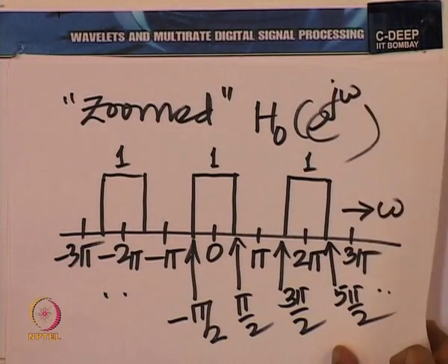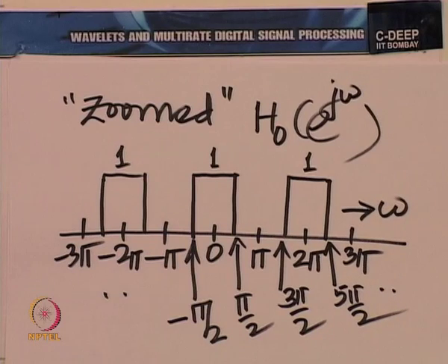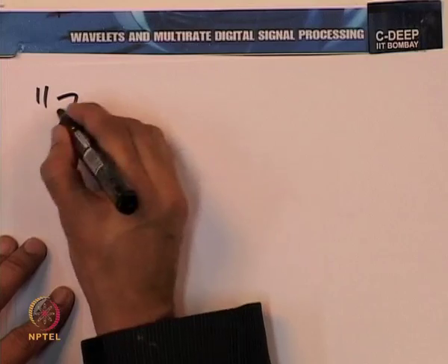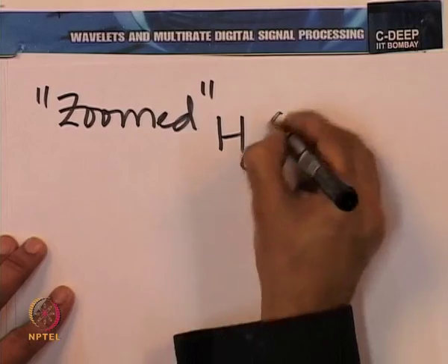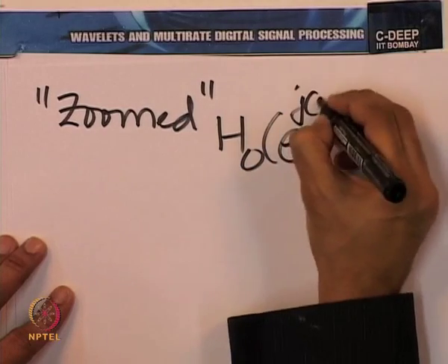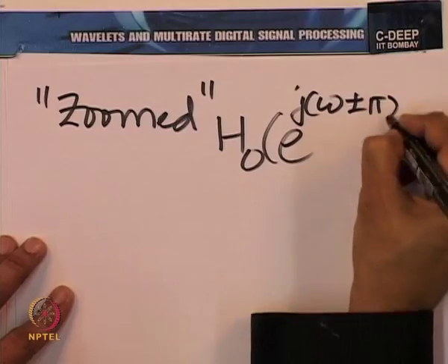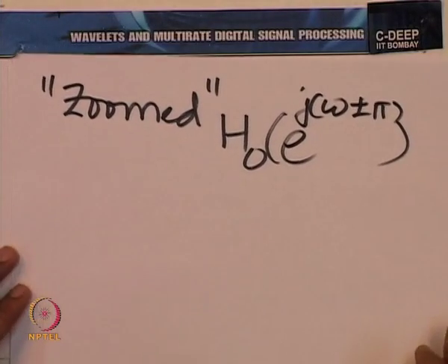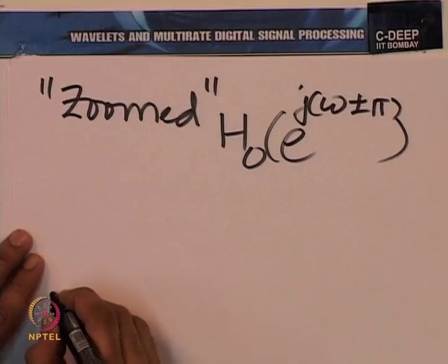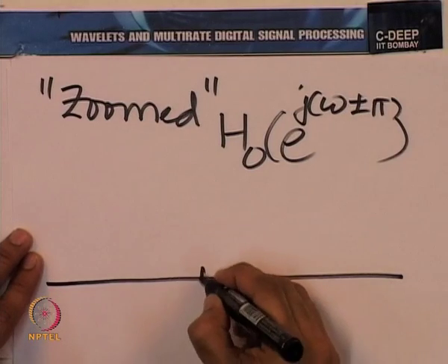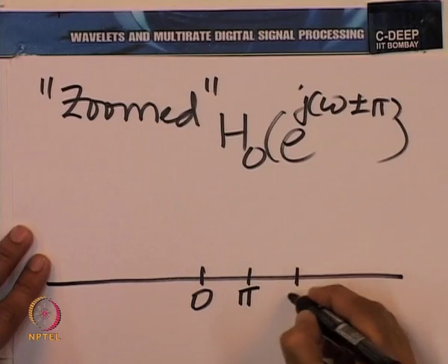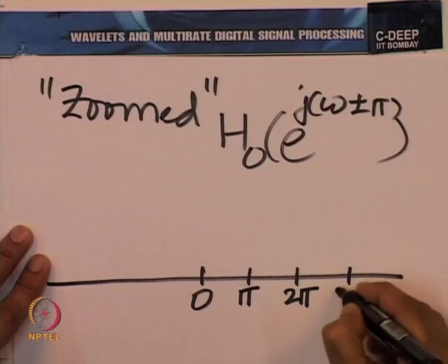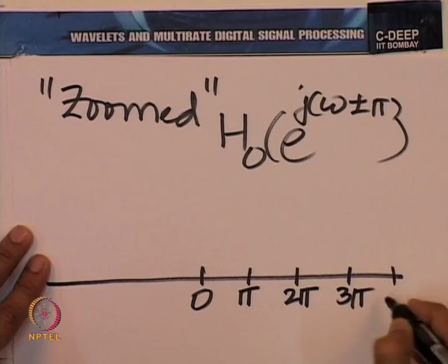So, the zoomed H 0 e raised to the power j omega plus minus pi would look like this. It would have an appearance like this, and so on here.